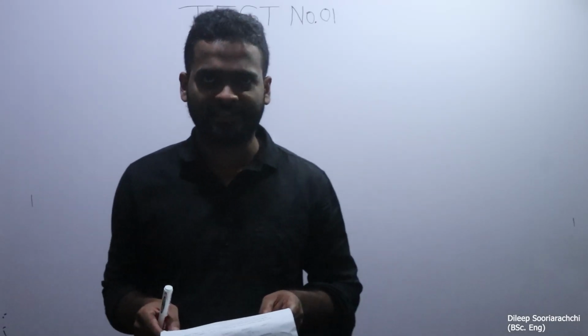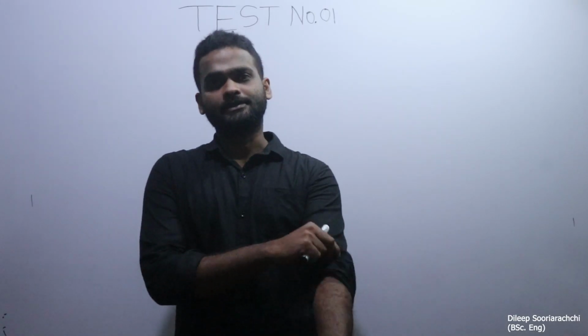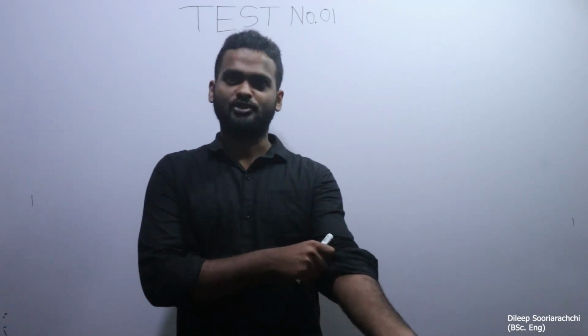Okay, next question, 6. What is the maximum height that an object reaches when it is projected with an initial velocity u, which makes an angle theta with the horizontal? This is a question about projectiles.